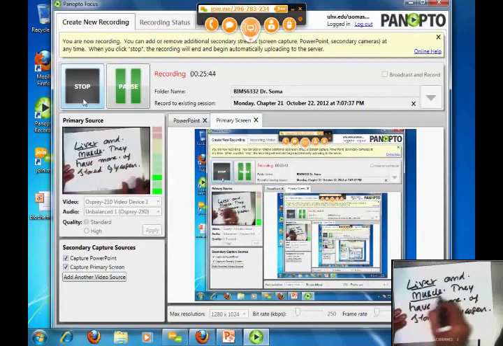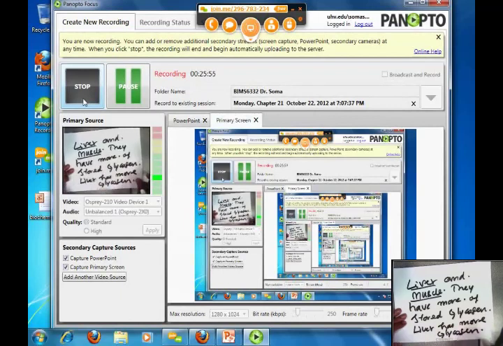Among the liver and muscle, the liver has more glycogen than muscle.